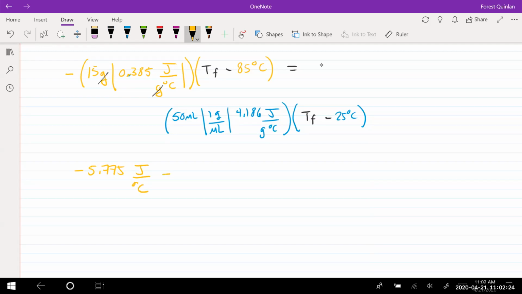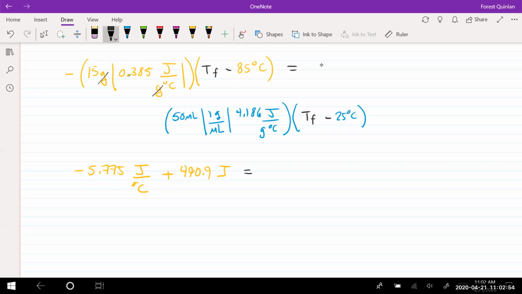I need you to now multiply that number by 85. 490.875. 490.9. And notice there that the Celsius will cancel and I'm left with just joules. Being very meticulous about my units here. Notice that I carried my negative sign through. That's why it's a positive 490.